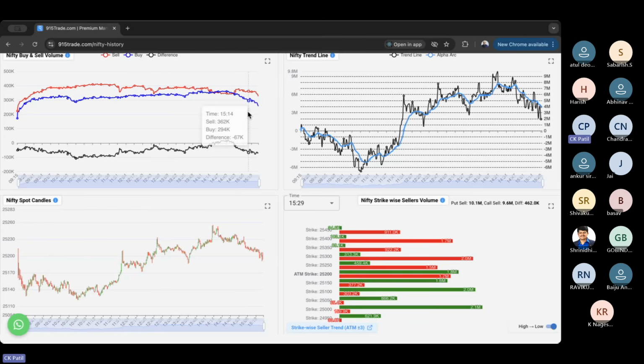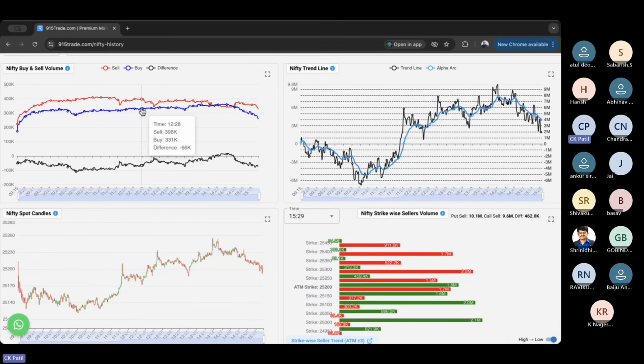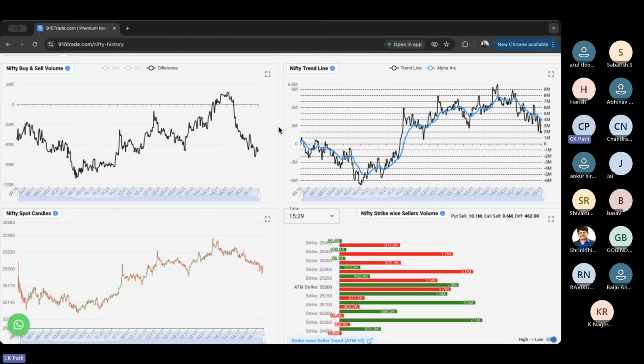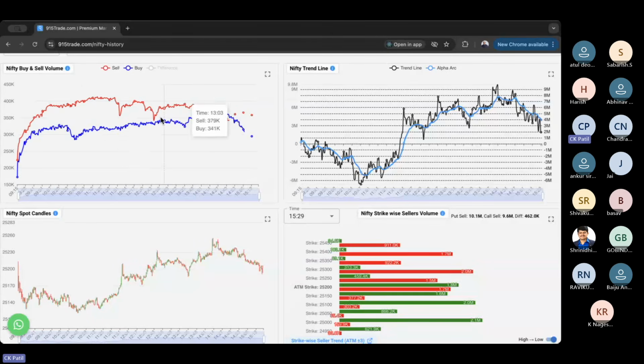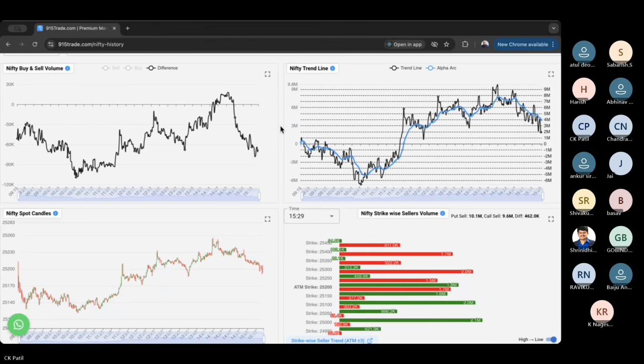Correct. So the problem with this chart, Atul, is that when you look at it, this is purely the reason why we have the diff line. You tell me now what is happening. When you look at it like this, you think sellers are more. But look at the diff line and tell me what is happening. It becomes difficult for a human being.